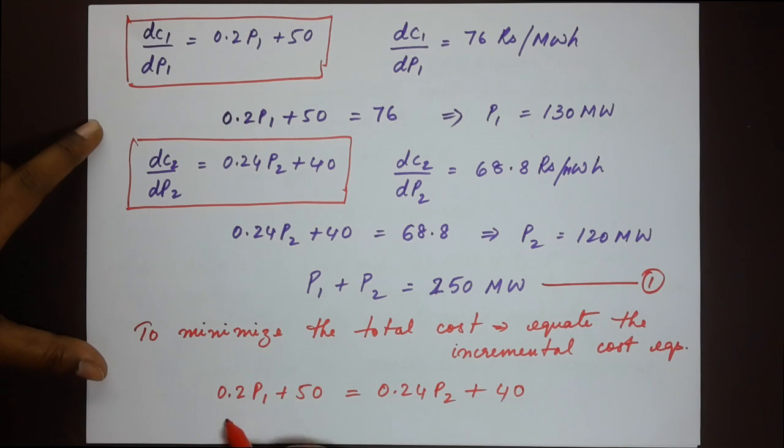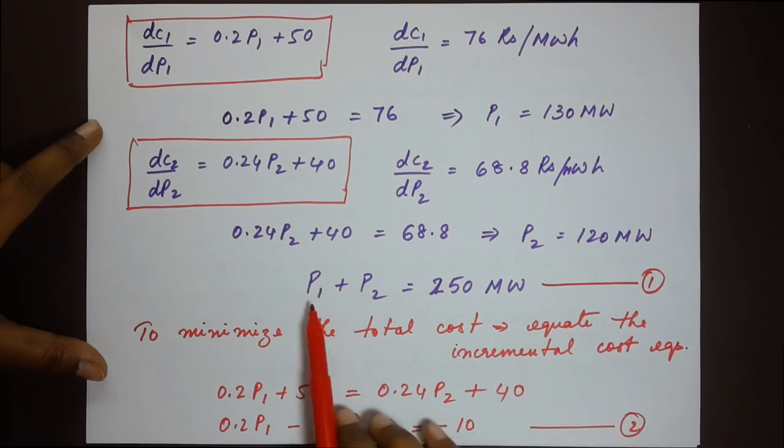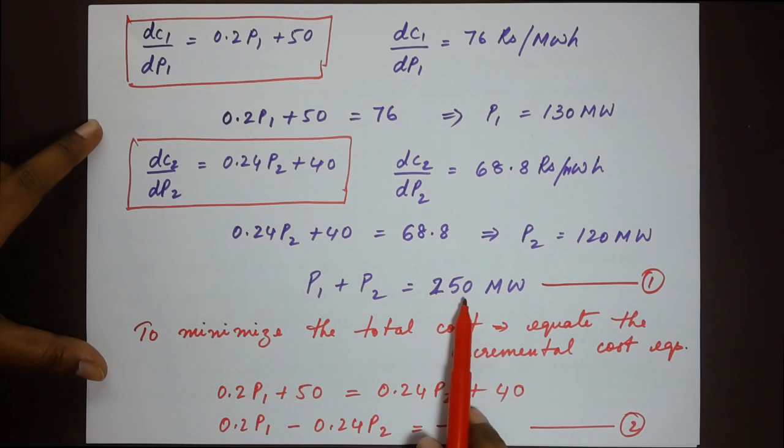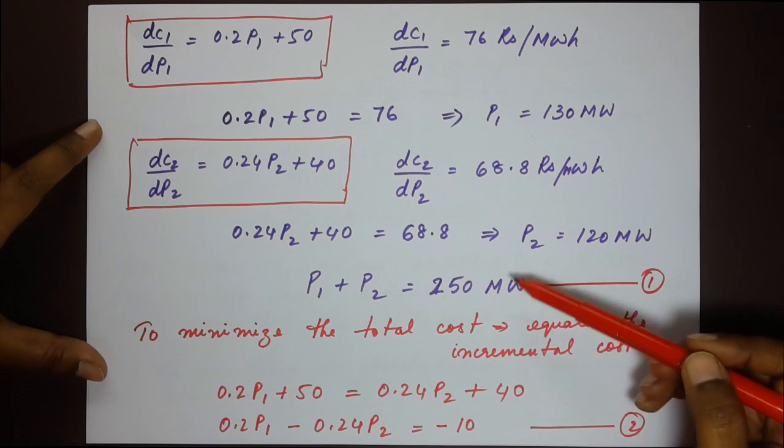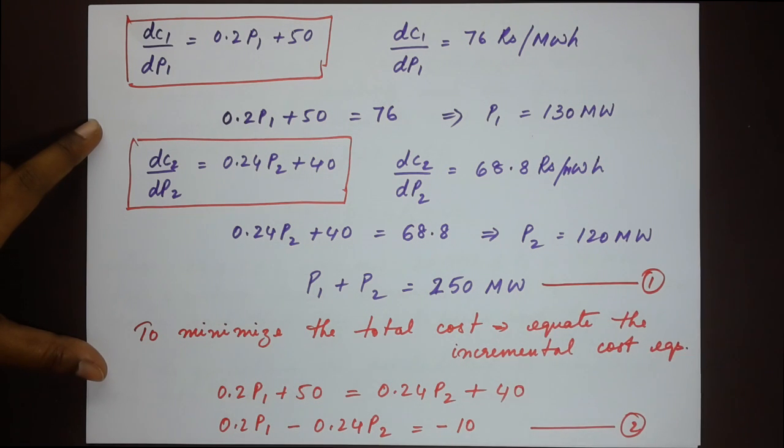You should get 0.2 P1 minus 0.24 P2 equals minus 10. Let's call this equation 2. Now the total power is 250 megawatts, and to minimize the total cost, we have obtained a second equation. So let's solve both 1 and 2. If we solve both these equations, we should get the values of P1 and P2.